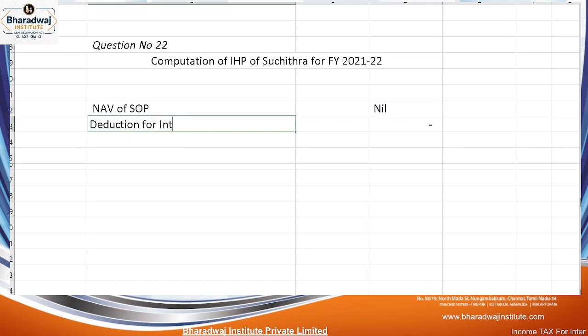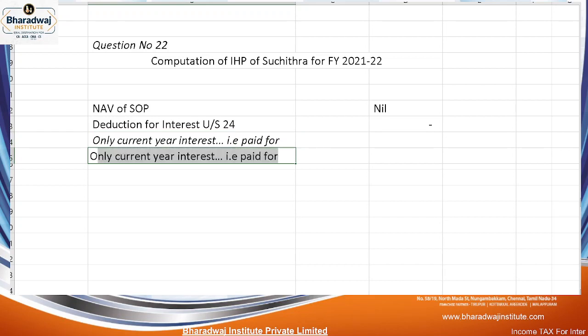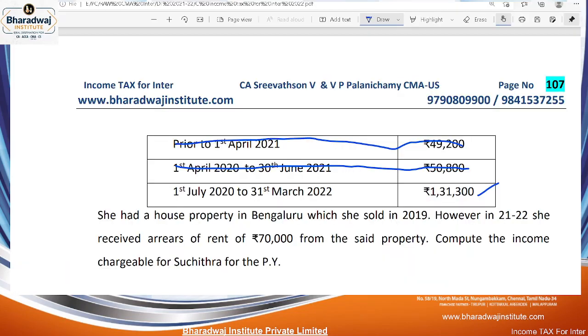Deduction for interest under section 24: only current year interest, that is what is paid after the purchase of the property, 131,300.